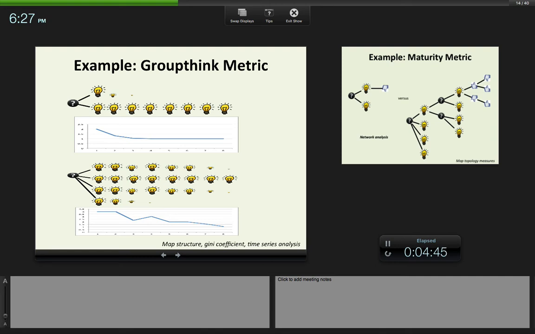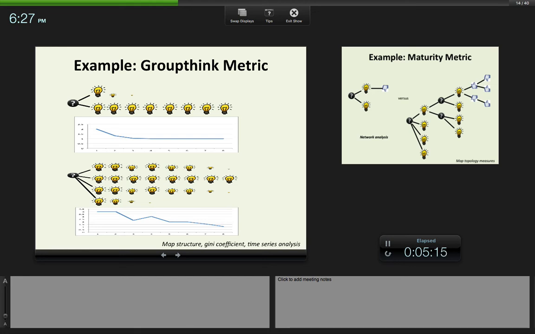Groupthink is the effect where a group that is trying to solve a problem converges too quickly on one option rather than considering several options in some depth before settling on an answer. The problem with groupthink is that answers that may have actually been superior would have been ignored because some other answer too quickly got the bulk of the group's attention.